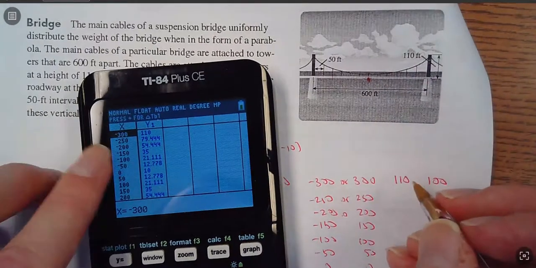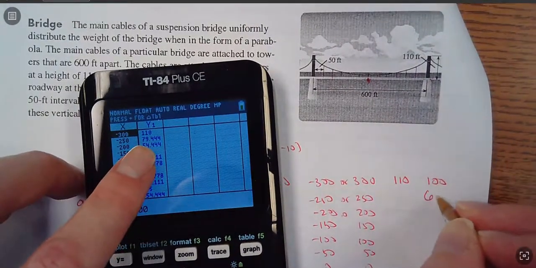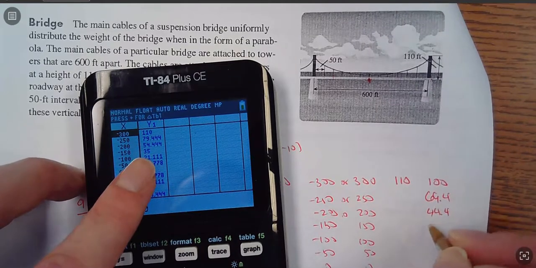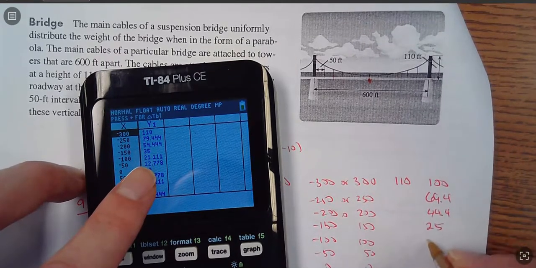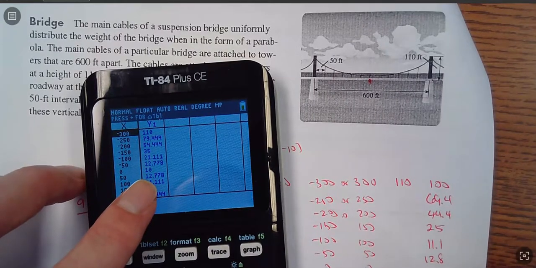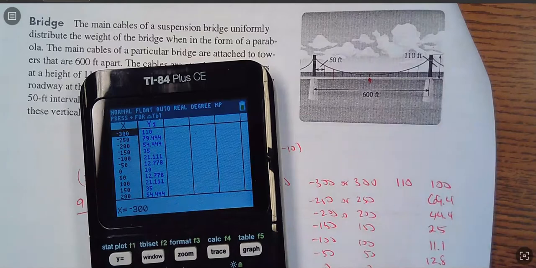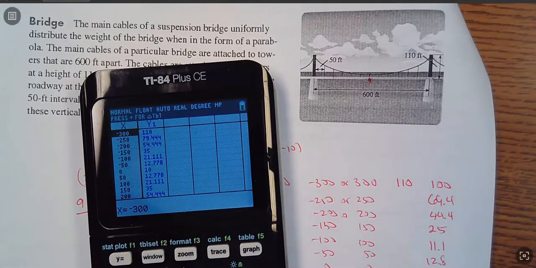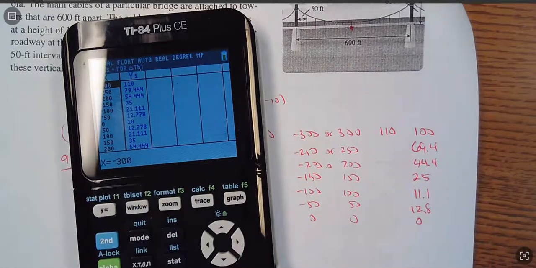So I might just skip a step here. So this would be 69.4, this would be 44.4, 25, 11.1, 2.8, and then that last one, you wouldn't need one technically. You shouldn't have to have one at the lowest point. So hopefully that helps. Kind of an in-depth problem, but once we get our function, the calculator does all the work for us.